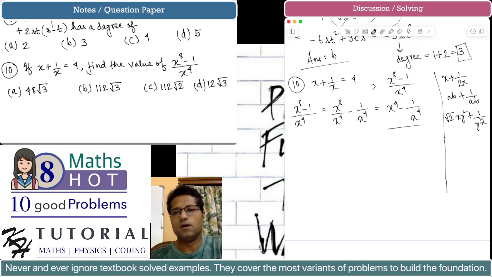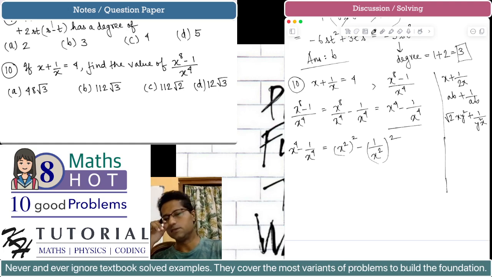Now, what is x to the power 4 minus 1 by x to the power 4? Clearly, we can see a form of a square minus b square, because this is equal to square of x square minus square of 1 by x square. So now you can see it is like a square minus b square.